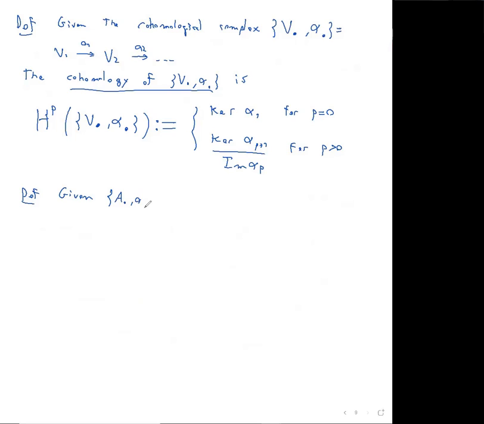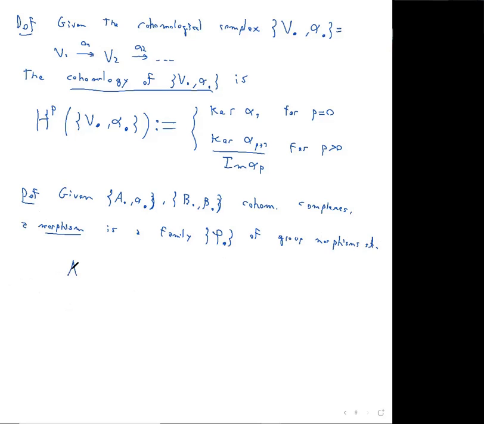So let's take two cohomological complexes, A with alpha and B with beta, and a morphism between them is a family Phi dot again of group morphisms such that, now we take a very categorical looking approach by doing diagrams.